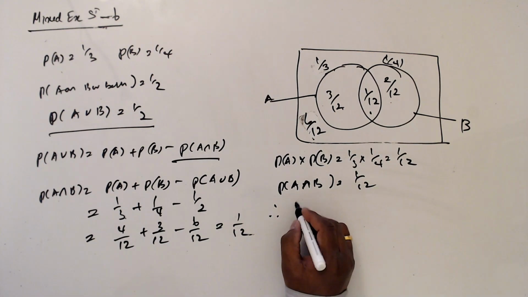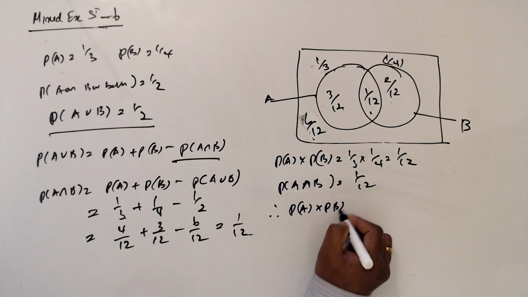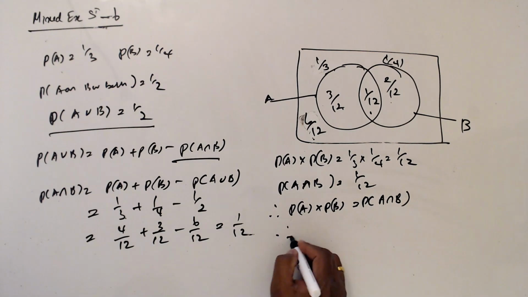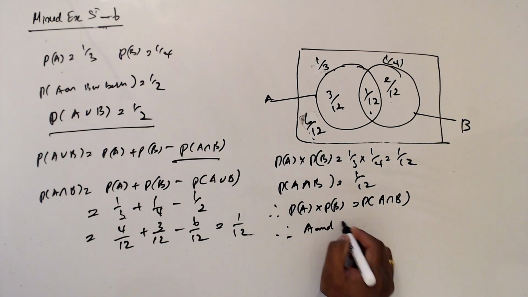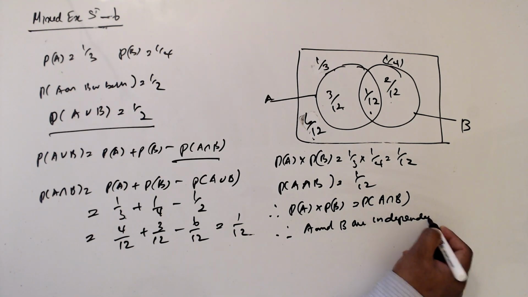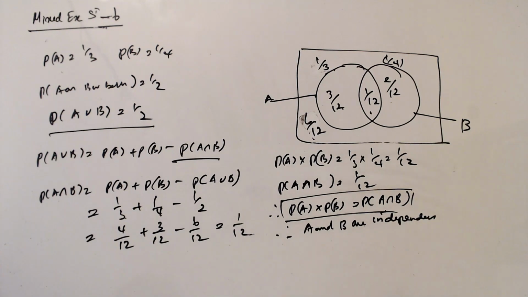Hence, P(A) times P(B) equals P(A intersection B). Hence, A and B are independent. So this is the test we have to do.